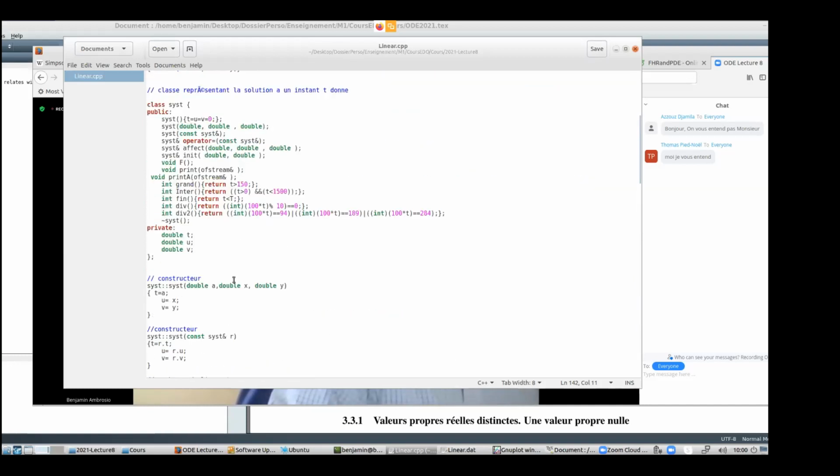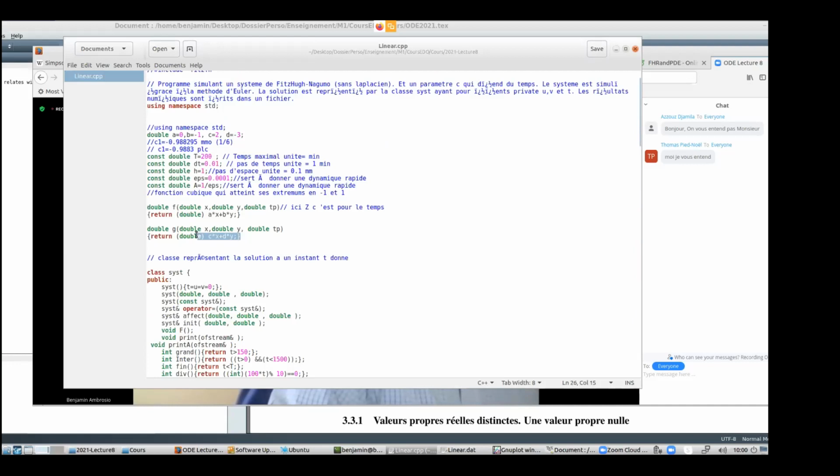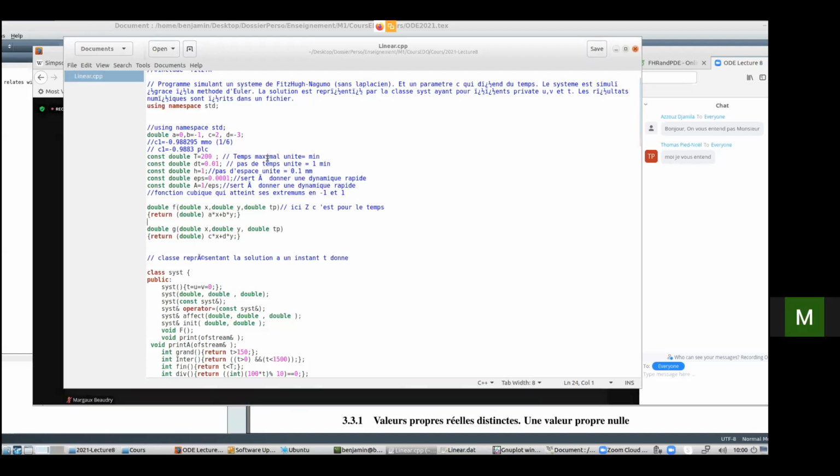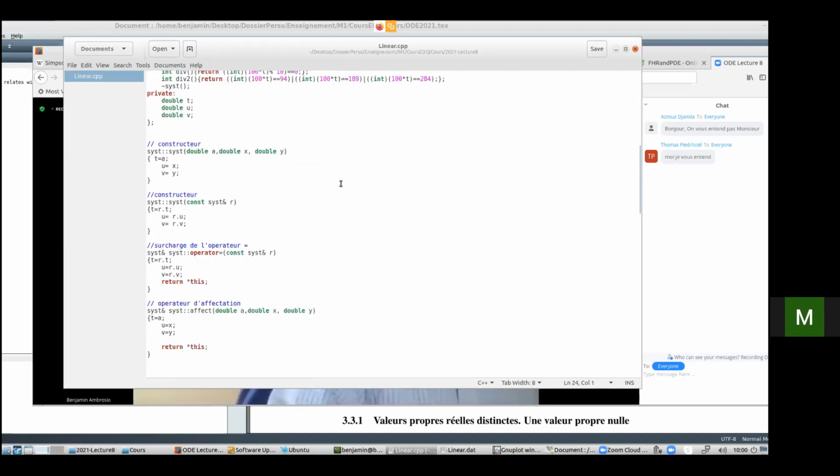As you can see, it's just a linear system, but I have to set the right values of a, b, c, d. Here a equals 0, b equals -1, c equals 2, and d equals -3. So that's the right matrix A. All right, now let's go.